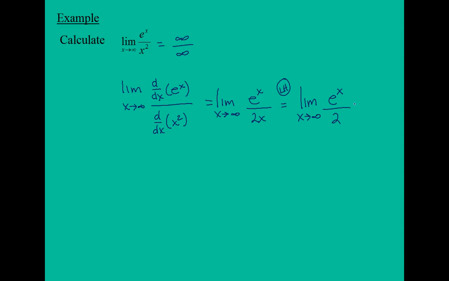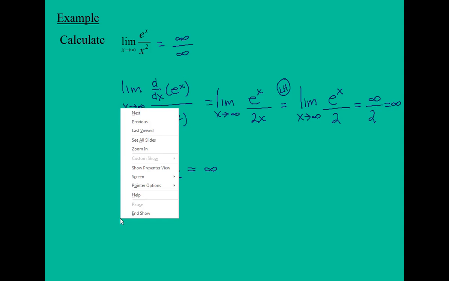Here we get e to the x goes off to infinity. The limit of 2 as x goes to infinity would be 2. So this would equal infinity, which means it does not exist, but the informational limit would be simply infinity. So the limit of e to the x all over x squared as x approaches infinity equals infinity. That's our informational limit.